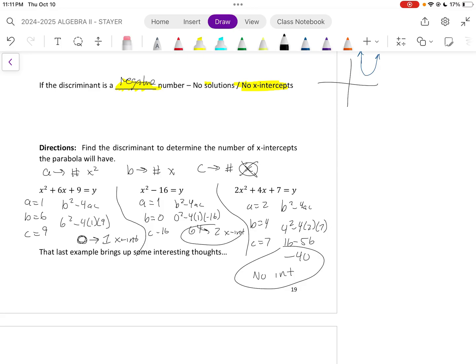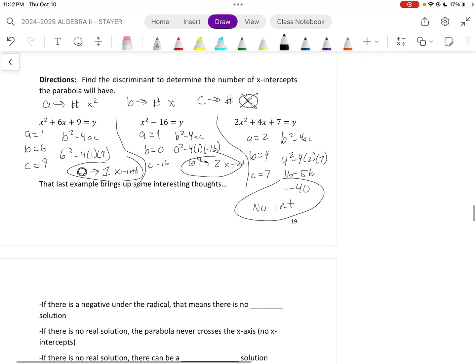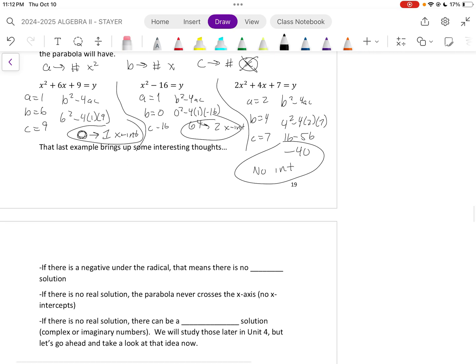Now, this last one brings up some interesting thoughts, and we're going to start connecting some of the stuff that we've been doing even more so. Think about this number right here. If it's negative, and let's just say hypothetically it would be under a radical, that means that there are no real solutions, right? We talked about this. This negative under a radical just meant the number i.